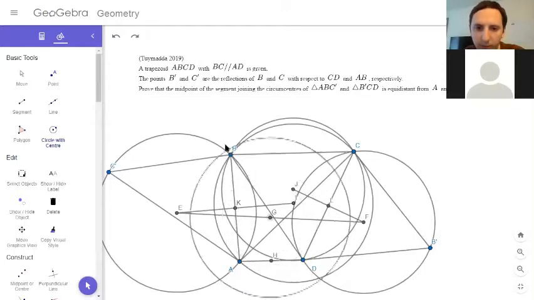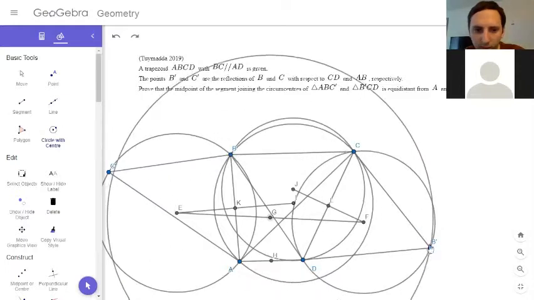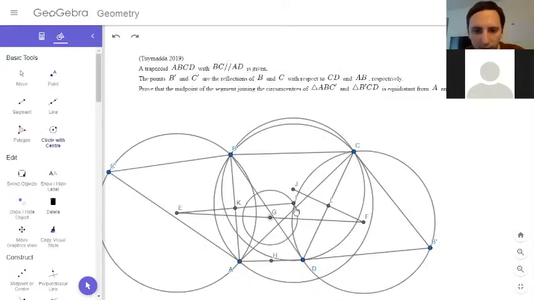Oh yeah, GH would be tangent. Yeah, this is a tricky one.